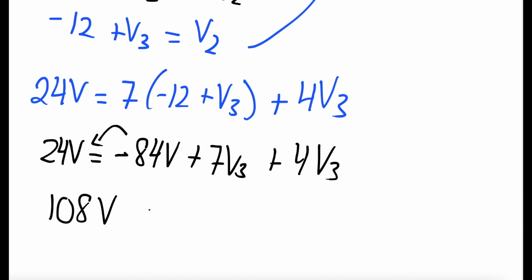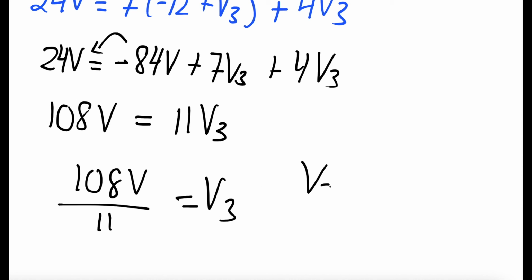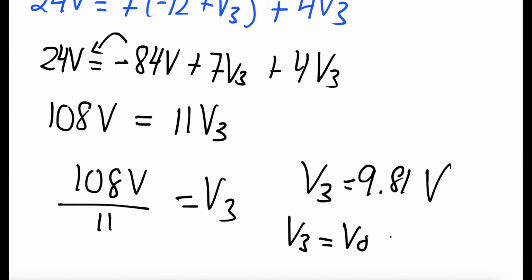So 108 volts is equal to 7V3 plus 4V3, which is 11V3, right? So then if we do 108 volts divided by 11, that is what we get when we isolate for V3, and essentially V3 then becomes 9.81 volts, right?